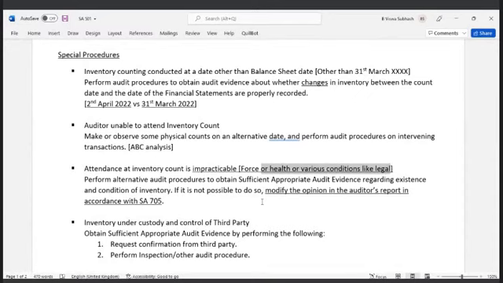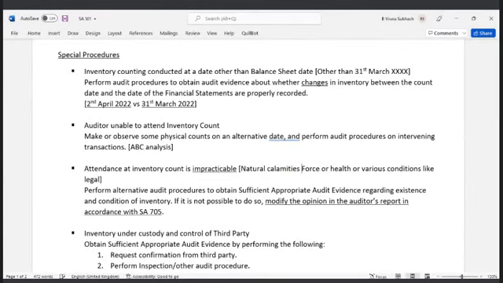So these are some of the examples that could be there for the auditor not being able to attend, for it to become impracticable. I also told you natural calamities. Like I said, my friend was there counting and there was a snake that came out of the pipes. So like this, there could be natural calamities or something not practically possible to do certain things.